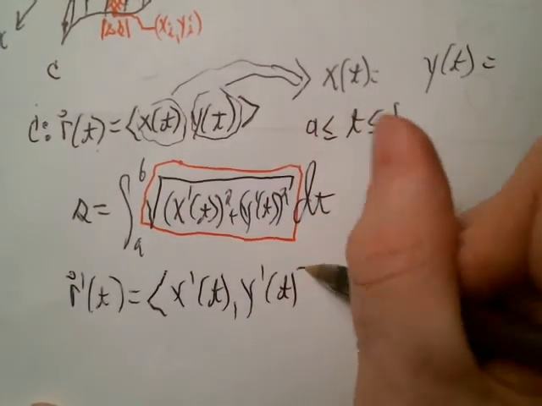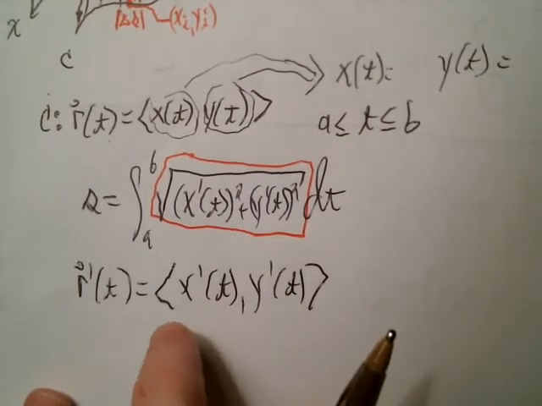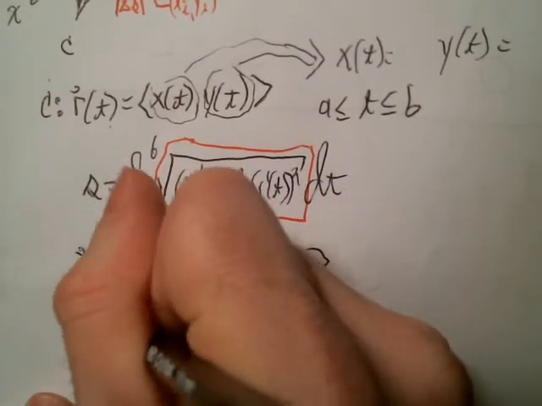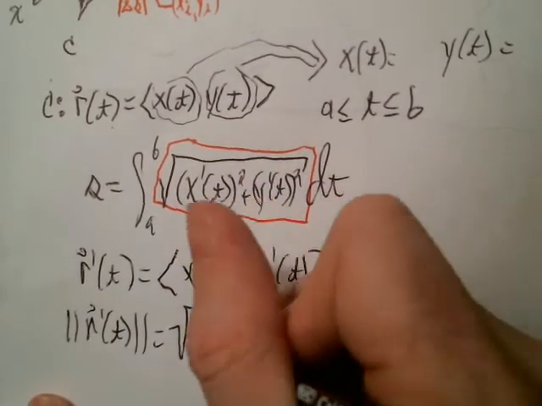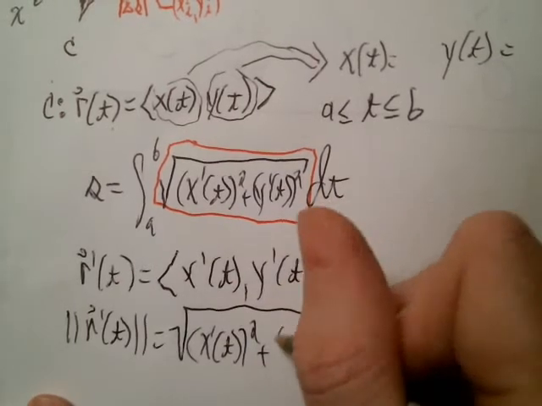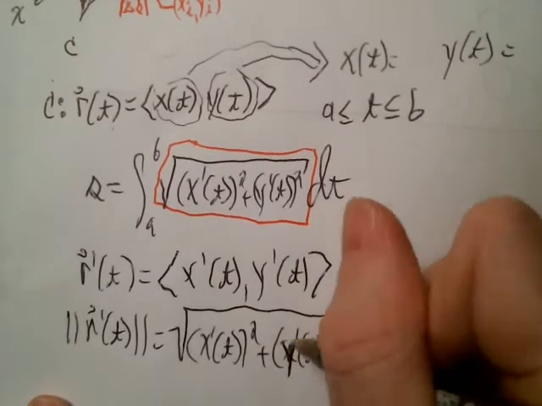First I have to get the derivative, and then square root of these things squared. What is that? Well, that's just the magnitude of this guy. So if you took the magnitude of r prime of t, that would be the square root of this component squared plus this component squared. Okay, this should be a y.